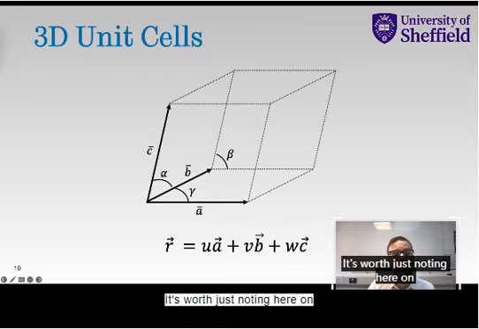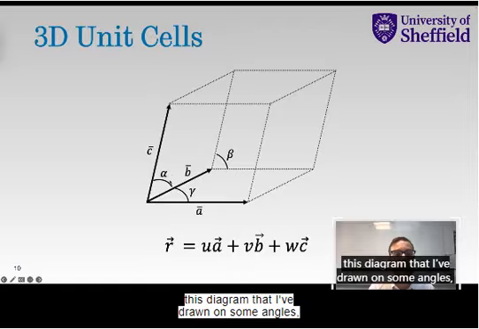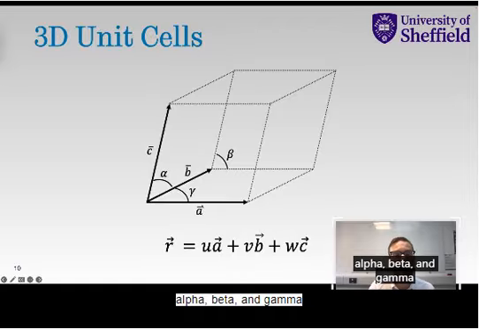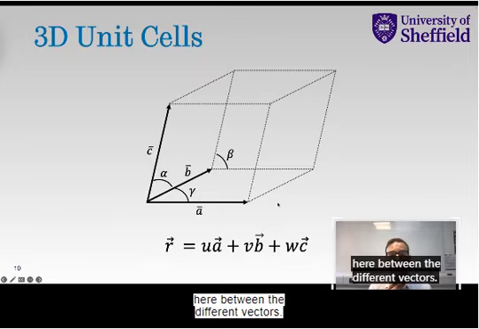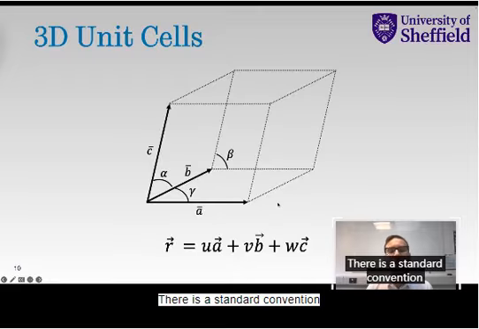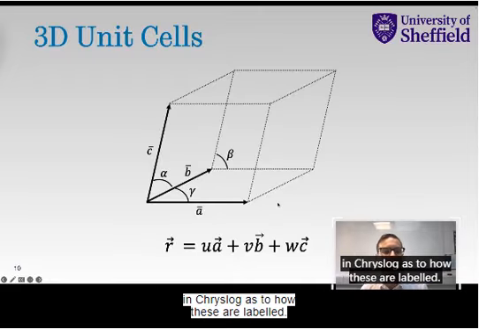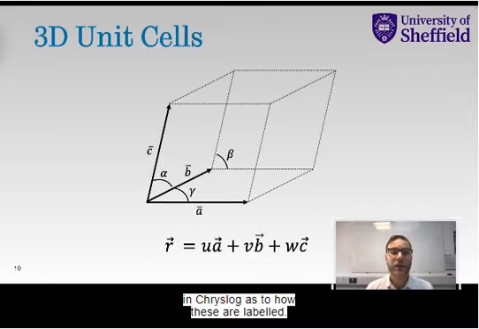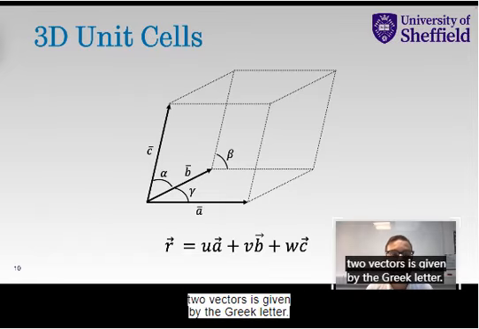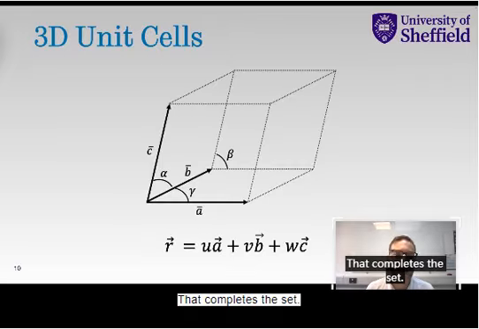It's worth just noting here on this diagram that I've drawn on some angles alpha, beta and gamma between the different vectors. And there is a standard convention in crystallography as to how these are labelled. So the standard convention is that the angle between 2 vectors is given by the Greek letter that completes the set.